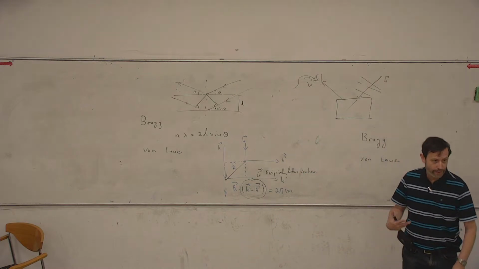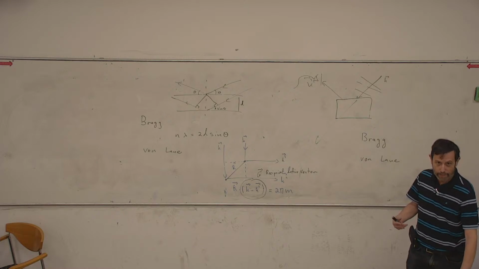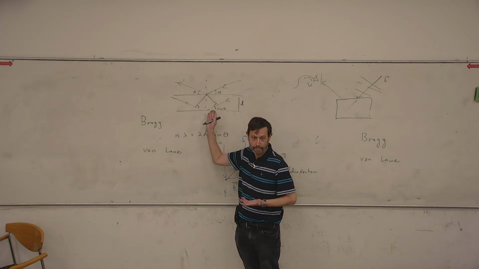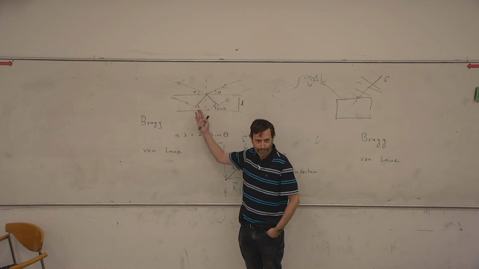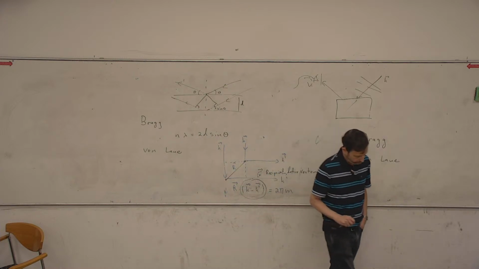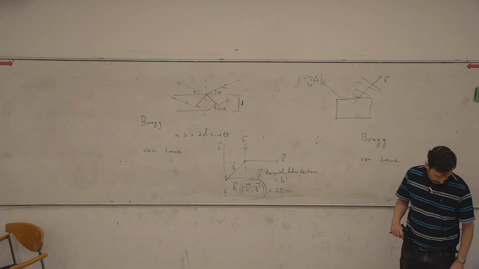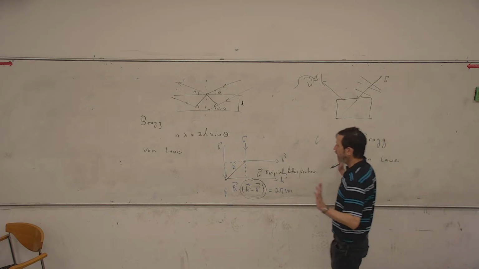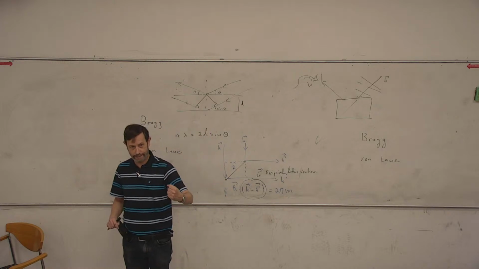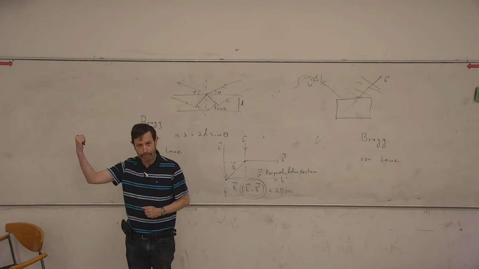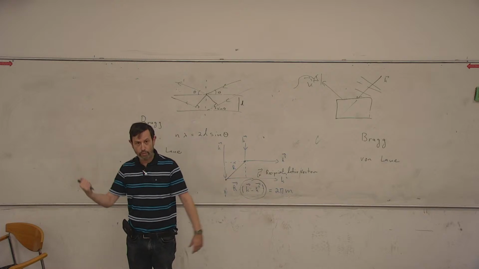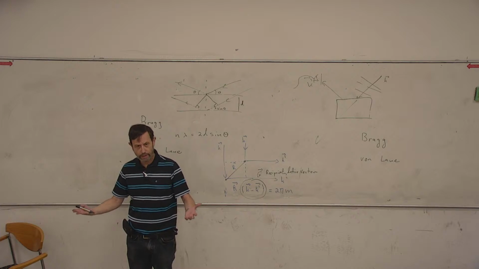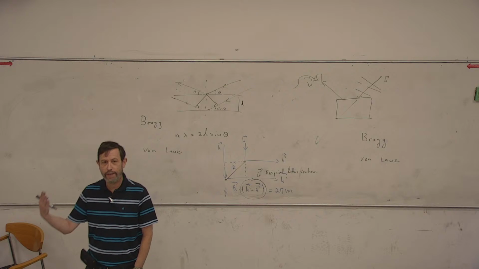And this is a very elegant way to describe it, for me much easier and more intuitive than planes. I don't have planes, I don't have mirrors. So at the end of the day, give me the k that comes in, give me the k prime that goes out, subtract one from the other. Is it a reciprocal lattice vector?